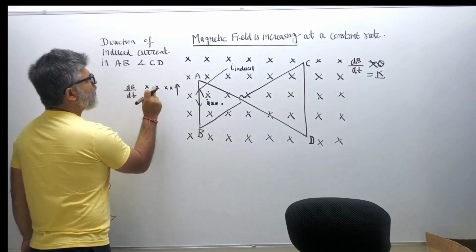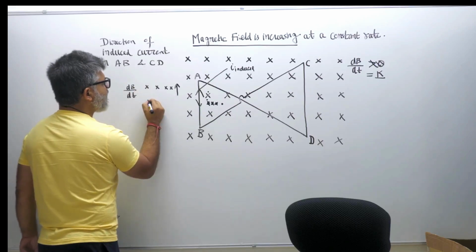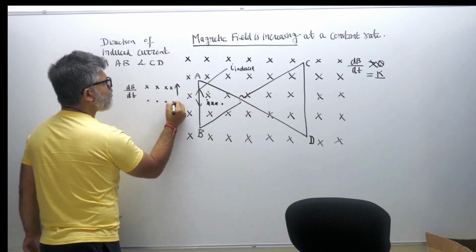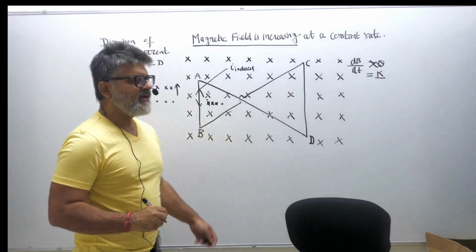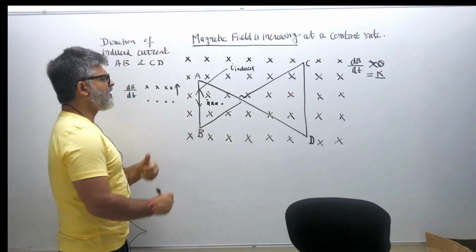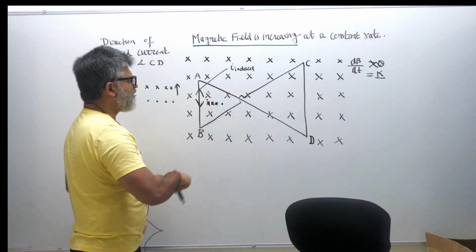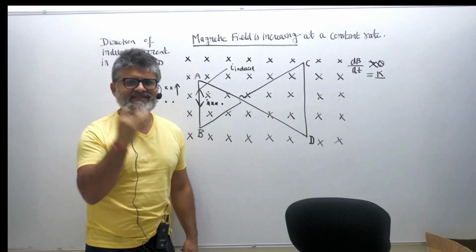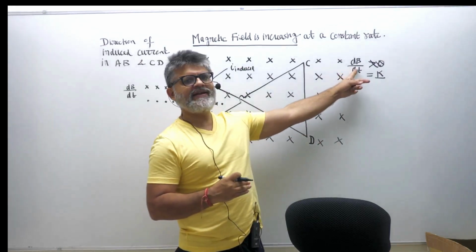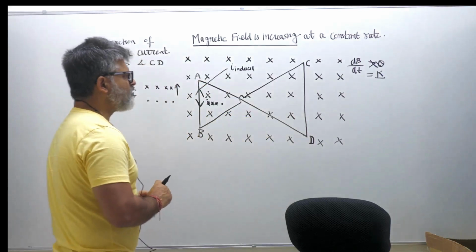You don't want to allow this to go up, and therefore you need a dot which is outward magnetic field. The induced current should be such that the field produced is outward, and therefore the direction of induced current here will be AB, because it produces a magnetic field which does not allow dB by dt to go up. Lenz's law.